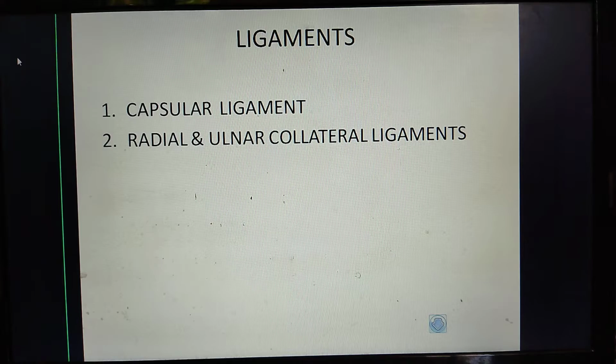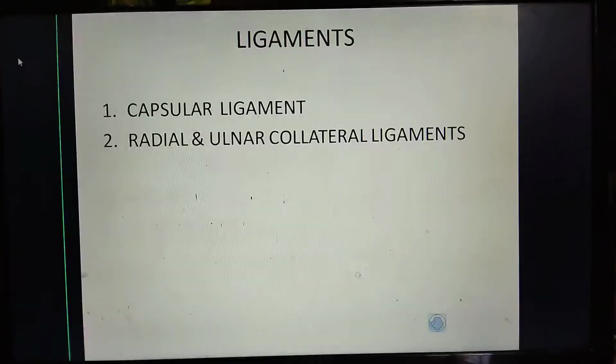The wrist joint has a capsular ligament along with a synovial membrane and radial and ulnar collateral ligaments. The capsular ligament is attached around the peripheral margins of the proximal and distal articular bony surfaces that we have just discussed.